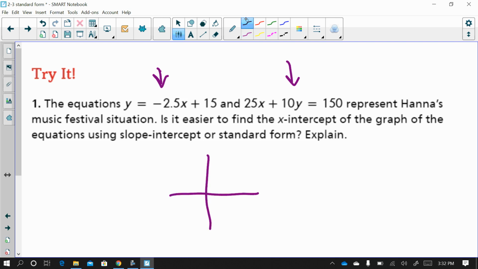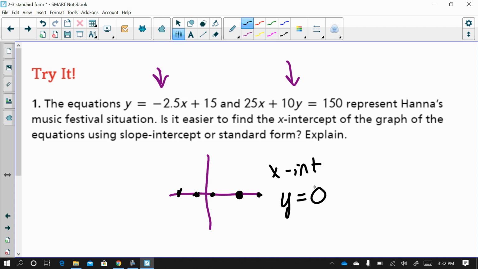Remember, the x-intercept is anywhere I cross the x-axis. What do you notice that is common about each of those points? When I find the x-intercept, y is 0.